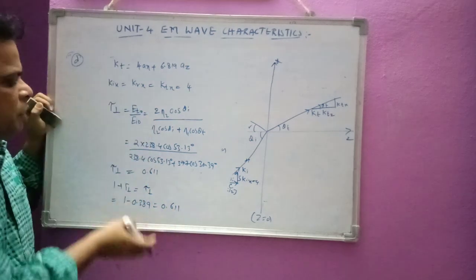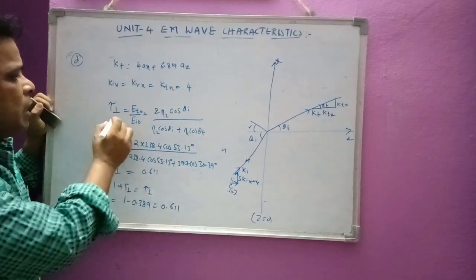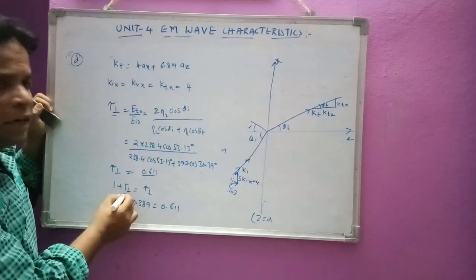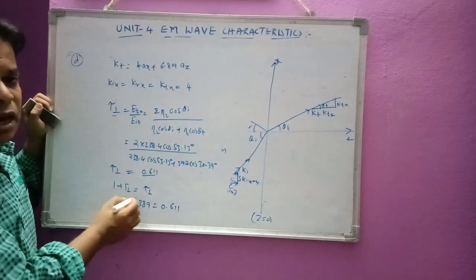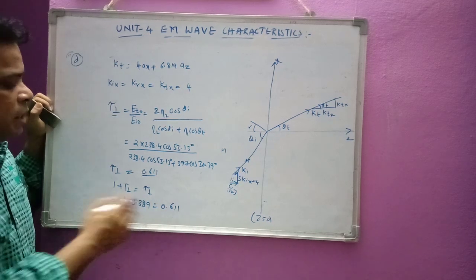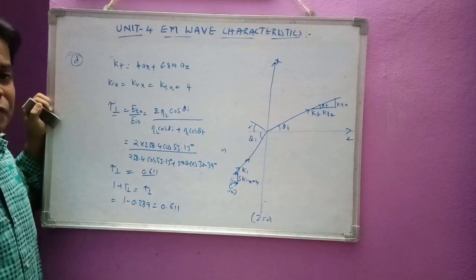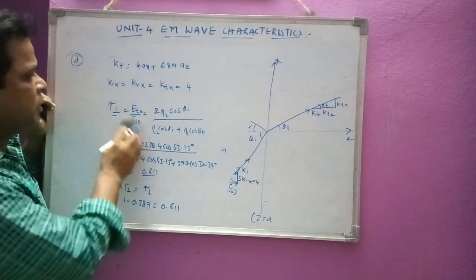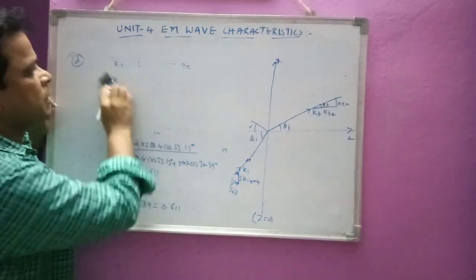So alternatively we can verify whether the tau perpendicular answer is correct or not by using this relation, 1 plus gamma is equal to tau. Already we have seen this basic relationship between the reflection coefficient and transmission coefficient.